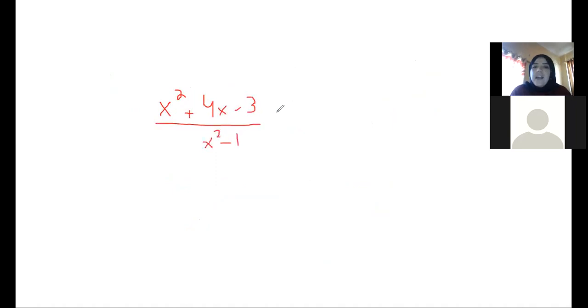Now, the question is just to solve. But you have to pay attention. There's something that you have to do without even being asked, which is the condition. So x should not be equal to 0. Yes, x squared minus 1, the denominator, shouldn't be equal to 0.